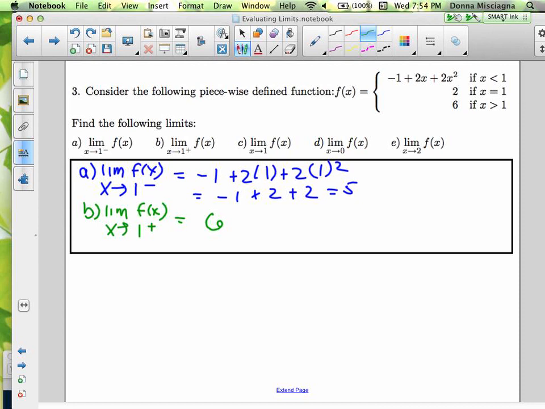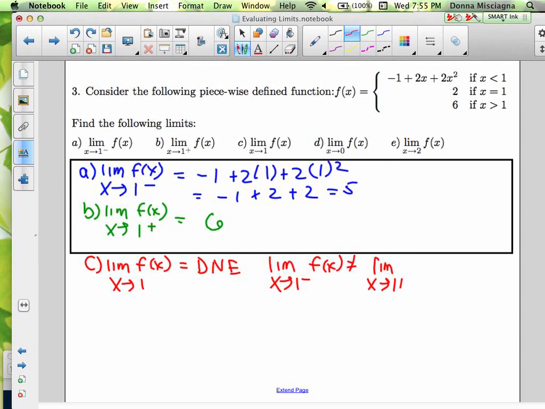So here for question C, the limit of f of x as x approaches 1 does not exist because the limit as x approaches 1 from the negative side does not equal the limit as x approaches 1 from the positive side. Another question I could ask, but it's not up here.